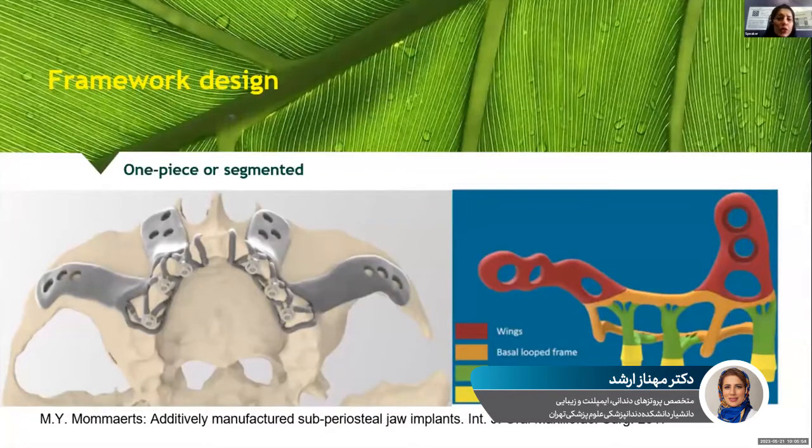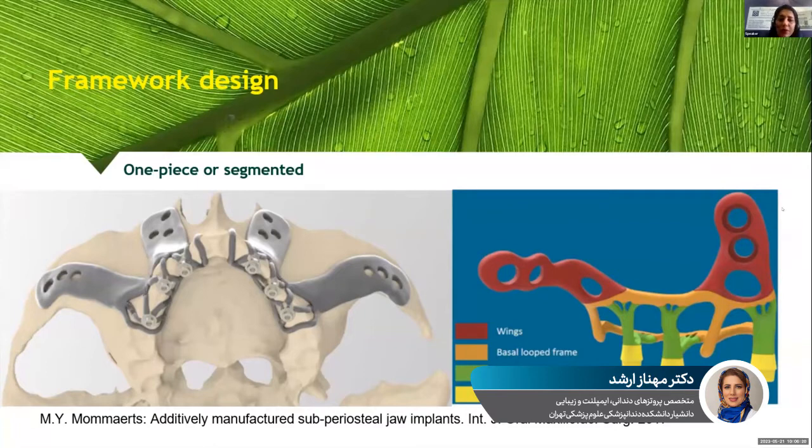If you see the picture, in a framework design, we have one piece or a segmented framework design. For mandibular, it's better to be 2 pieces, and for maxillary 2 pieces too, because the seating of the framework is easier when it's 2 pieces instead of 1 piece.